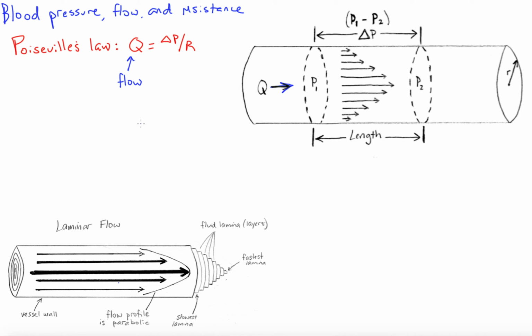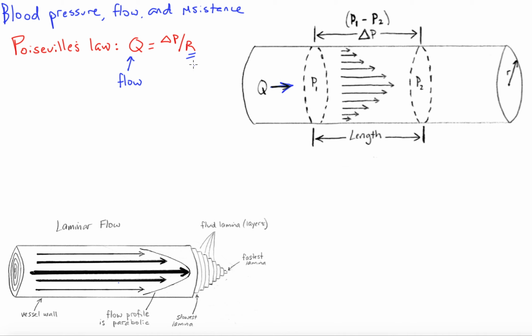Again, we'll get into the details of this in a minute, but big picture, the heart is generating pressure to drive flow. And the amount of flow that goes through a particular tissue based upon that pressure is determined by the resistance, this third variable here.